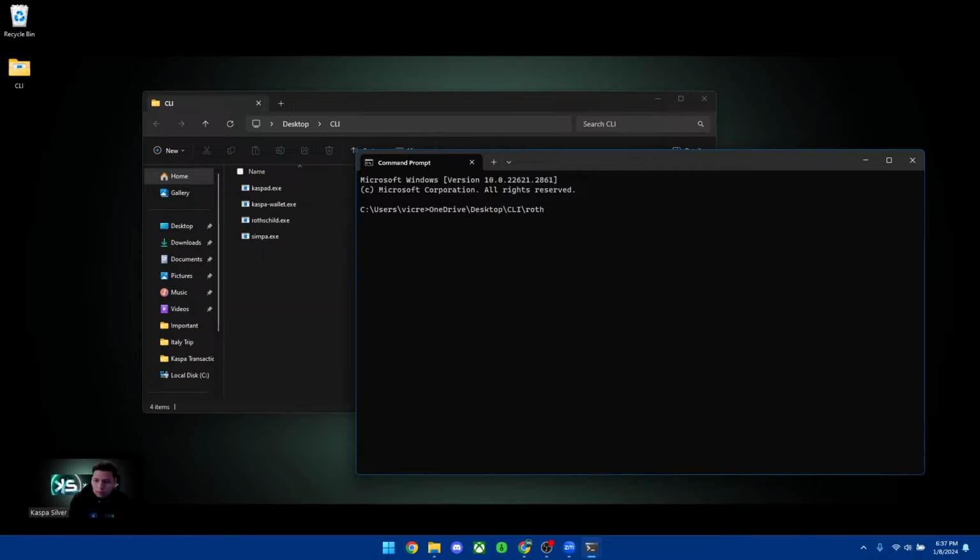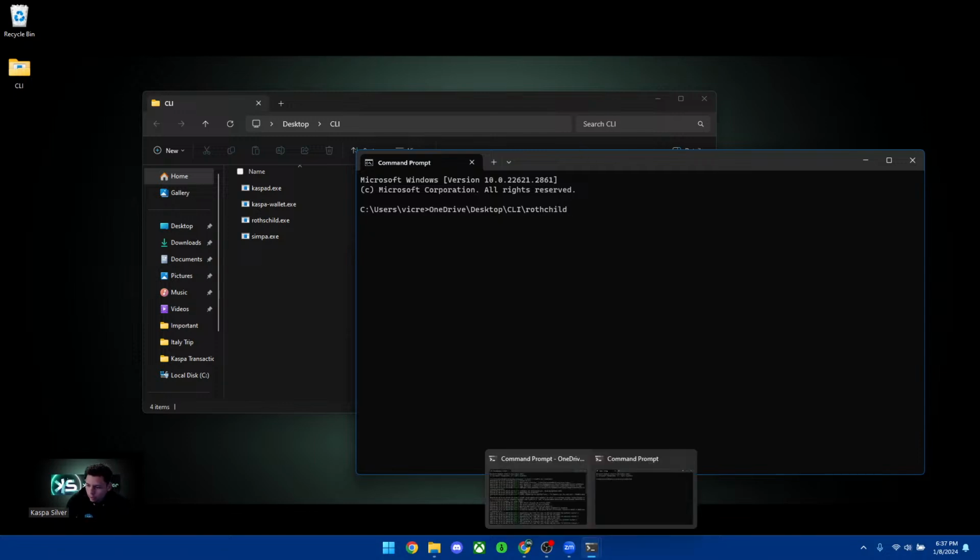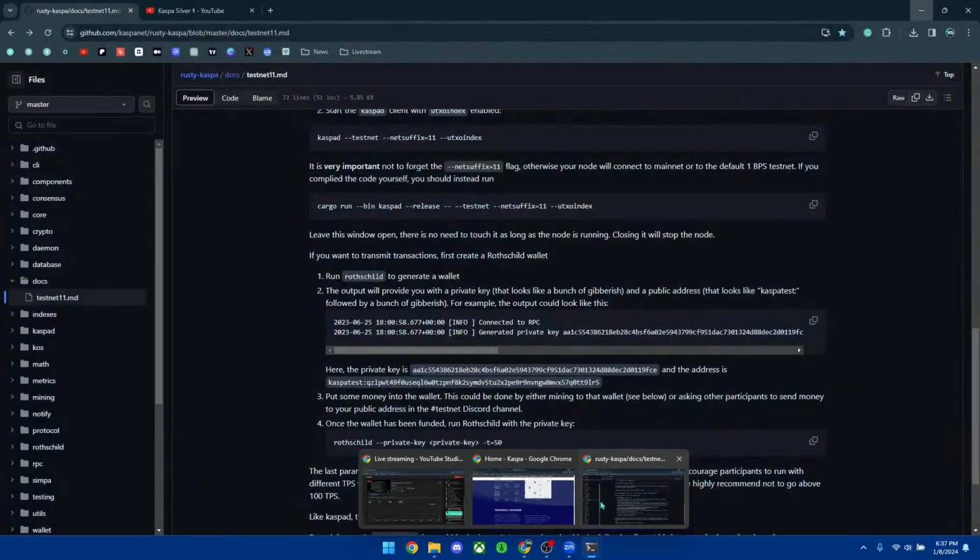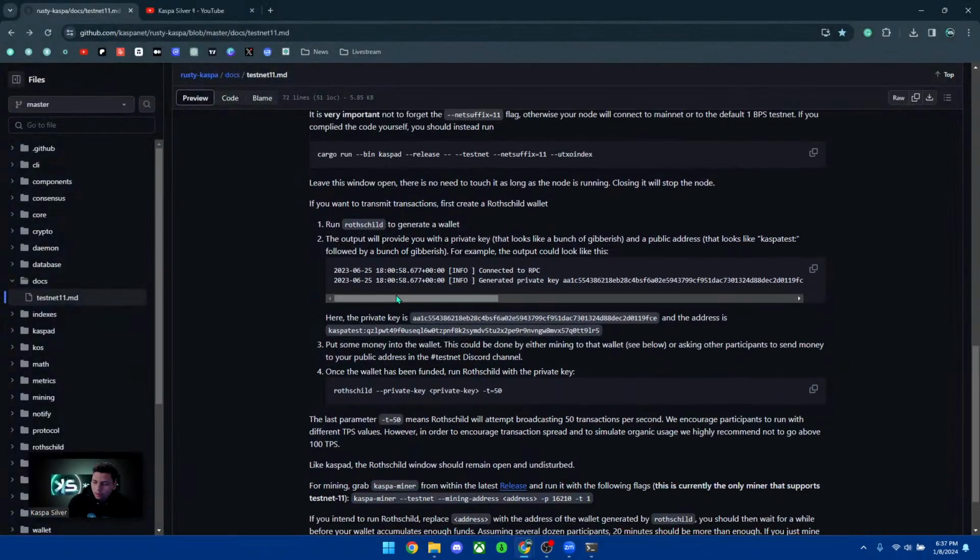Rothschild. Let me make sure I'm doing that correctly. The output will provide you with a private key that looks like a bunch of gibberish and a public address that looks like Kaspa test, followed by a bunch of gibberish.